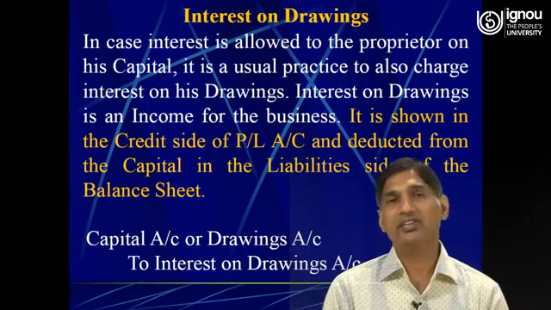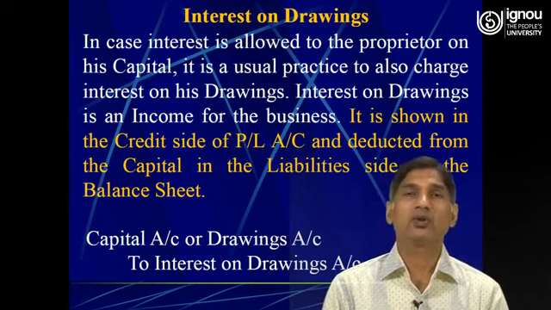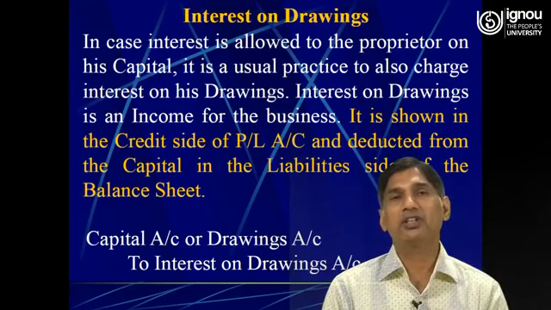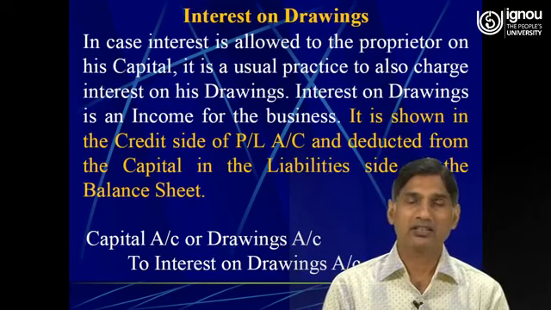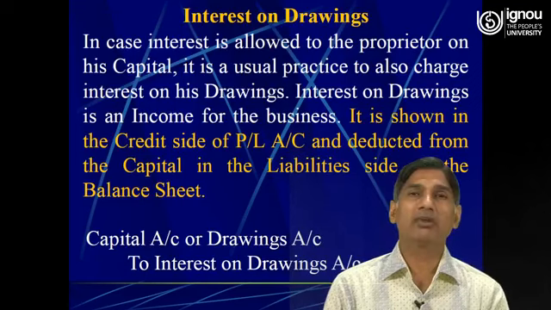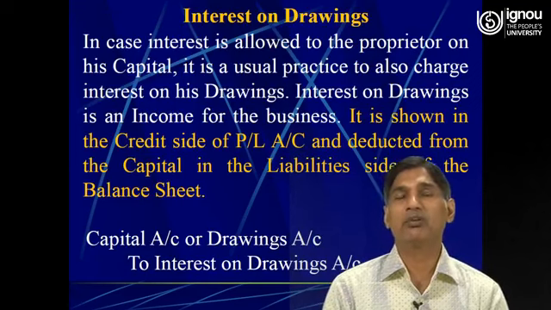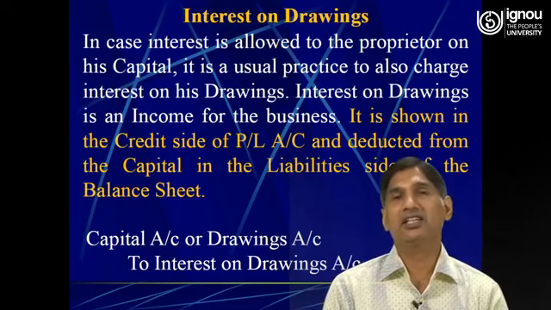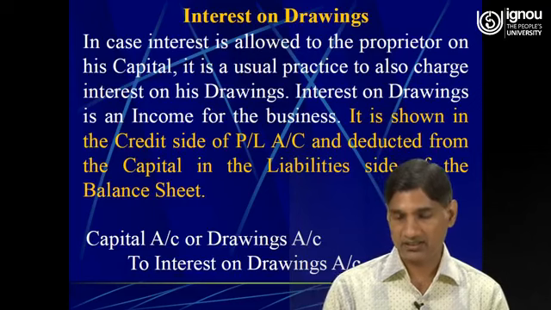Or we can directly debit the capital account, which will reduce the amount of the capital, because capital is a personal account with a credit balance, shown on the liability side of the balance sheet. So, when we debit the capital account, it means the amount of the capital is reduced by the same amount. And interest on drawing, since it is an income for the business, as per the rationale of nominal accounts, any income and gain is to be credited.